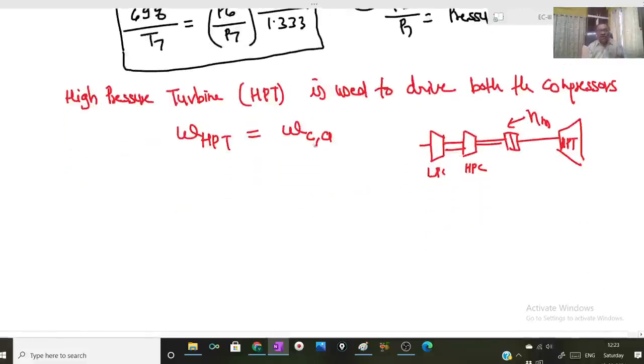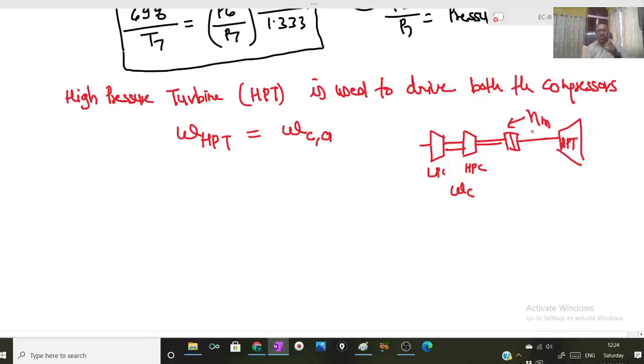And in the start of the problem, we have calculated the total compressor work input. So how is this mechanical efficiency going to affect this work input to the compressor? This WC is the ideal work input to the compressor.